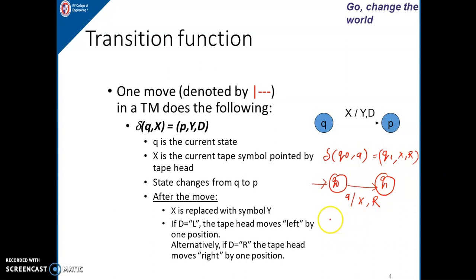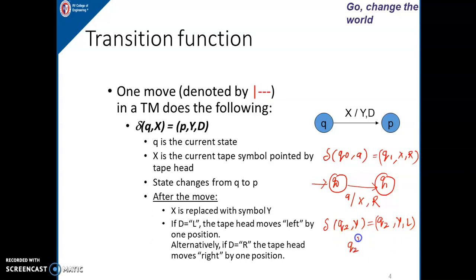Or suppose we say delta q2 y equals q2 y L. Here the current state and next state are both q2, the current tape symbol is y, and y remains y only, and the read write head will move towards the left direction.